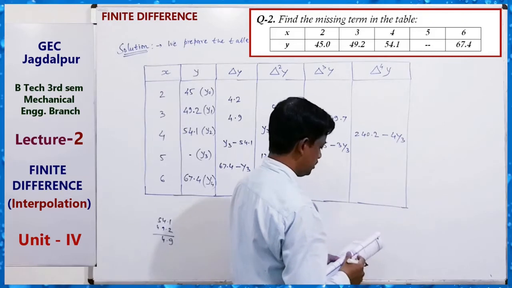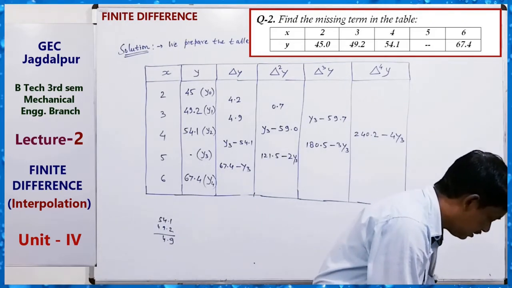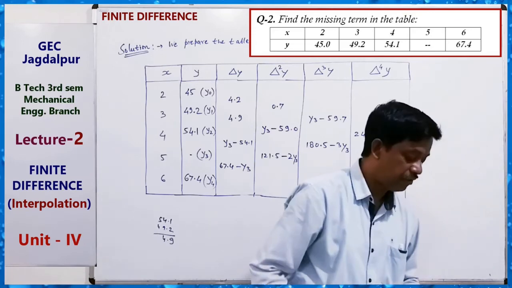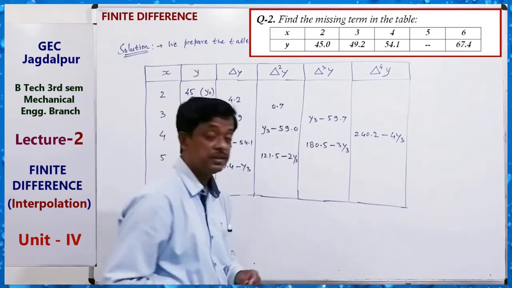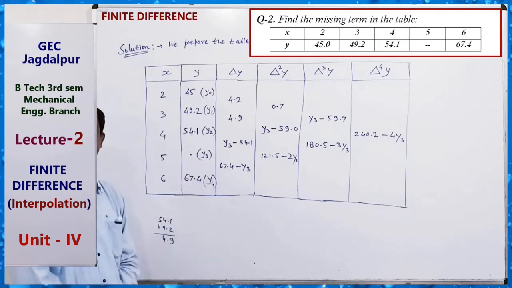This is the difference table. Now, for finding the missing term, here the missing term is y3.